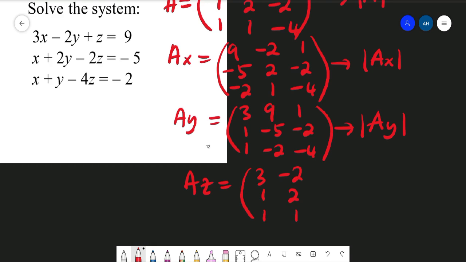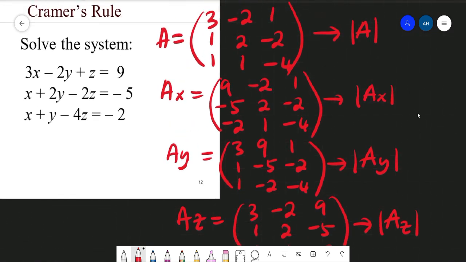For the third column, we replace it by the right hand side: 9, negative 5, and negative 2. From this matrix, we can find the determinant of AZ. So now we already have the determinants of these 4 matrices: the determinant of A, AX, AY, and AZ.